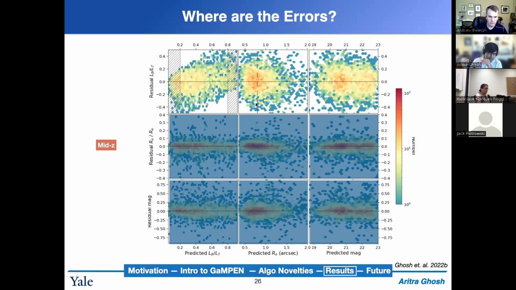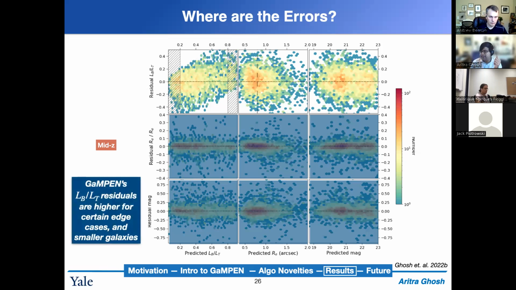If you're going beyond seeing or very close to seeing, then it's not very surprising that two different methods come up with slightly different answers. So essentially, GaMPEN's bulge to total light ratio residuals are higher for certain edge cases, and they're also higher for smaller galaxies.